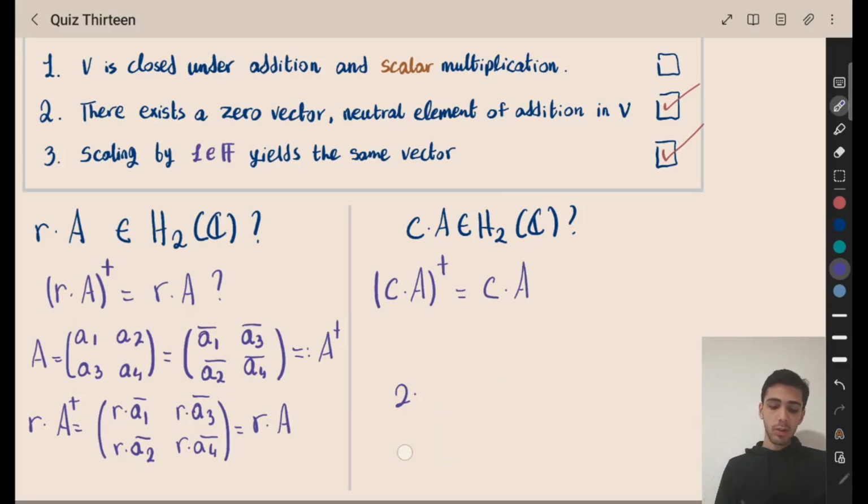But I think you now see where the problem might arise. It will arise specifically in this case when we take a complex coefficient.